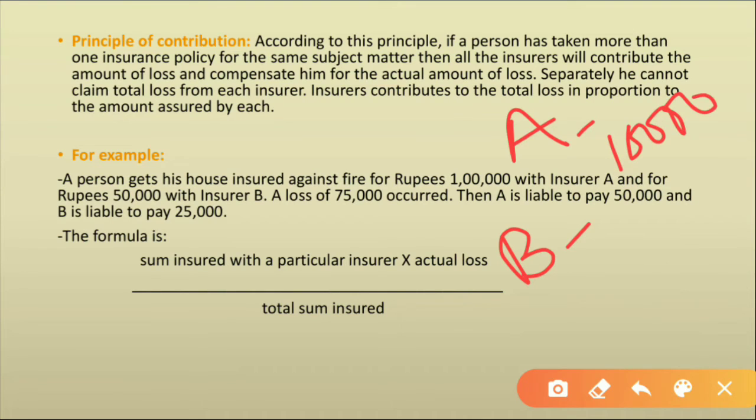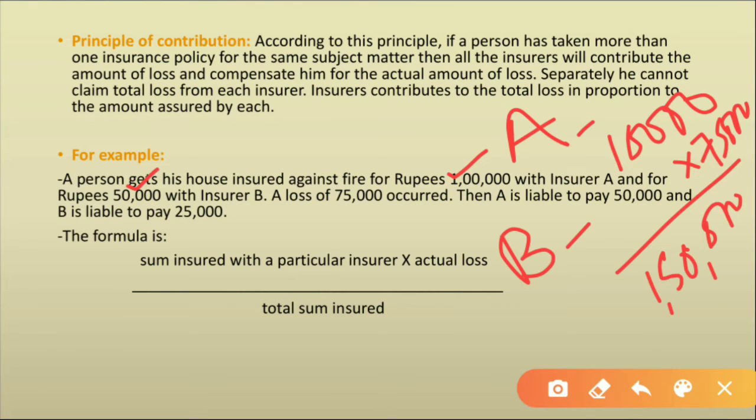So 1 lakh into the actual loss, which was 75,000, divided by the total sum insured. Total sum insured means 1 lakh from A and 50,000 from B, so the total is 1 lakh 50,000. This will be the amount A should pay.